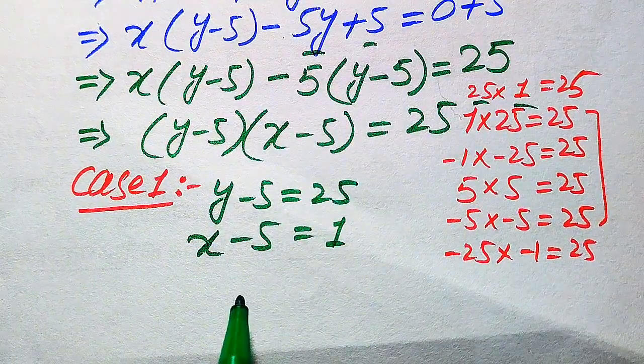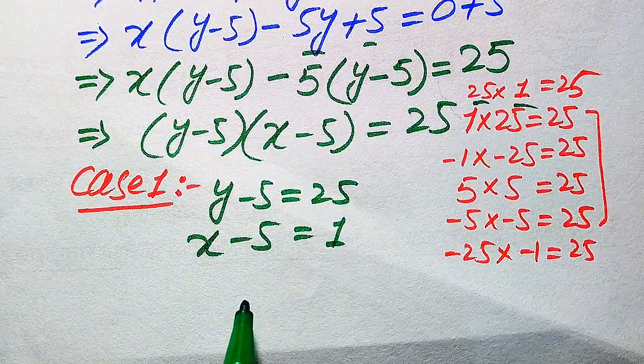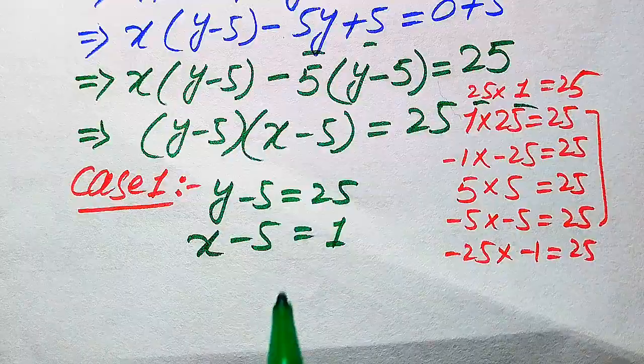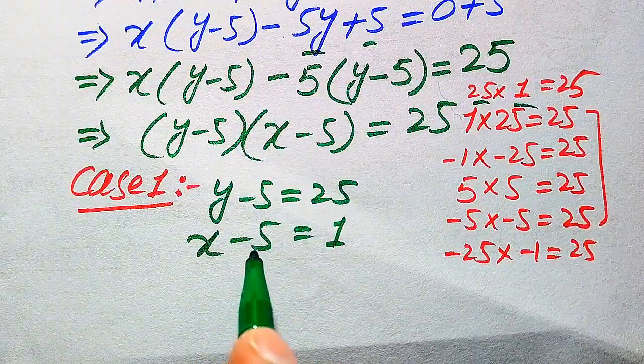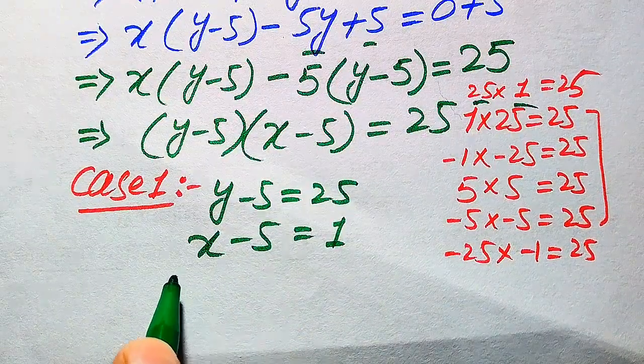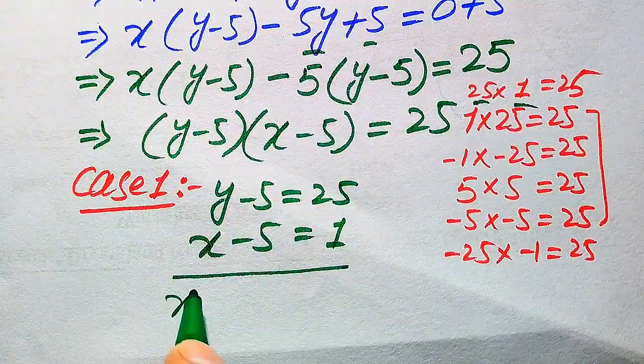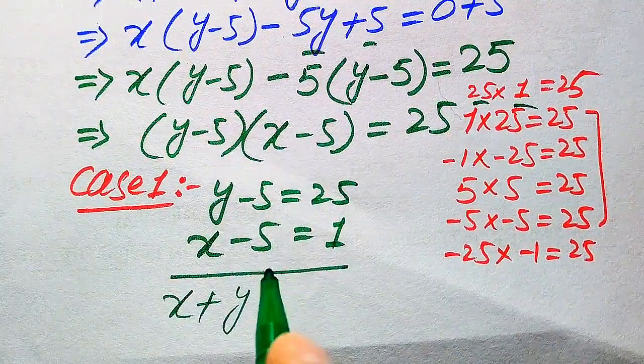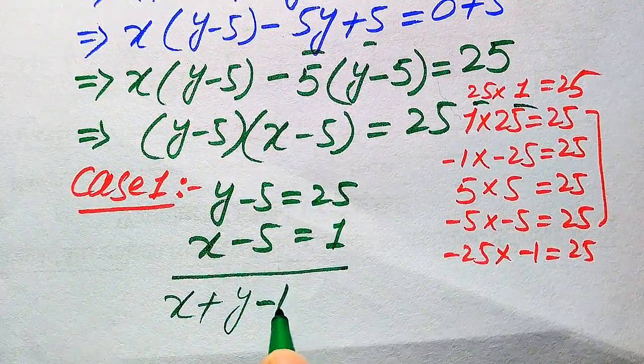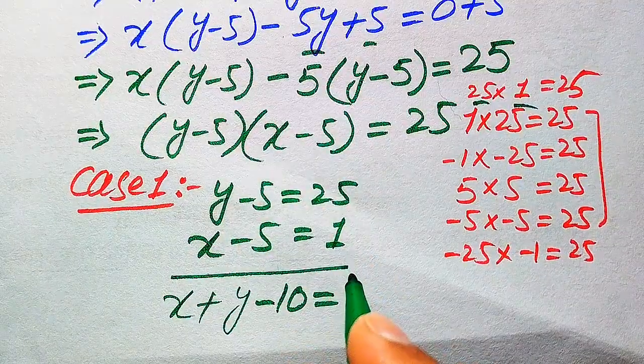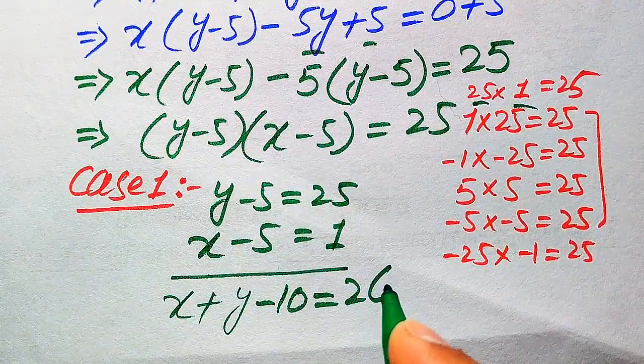Okay, now in the next step, in order to find the value of x plus y, we just add these two equations. When we sum up these two equations, it becomes x plus y, and -5 minus 5 becomes -10, and 25 plus 1 becomes 26.